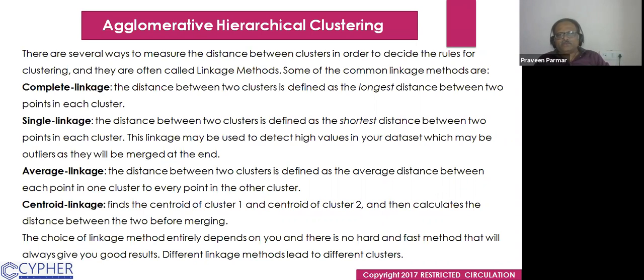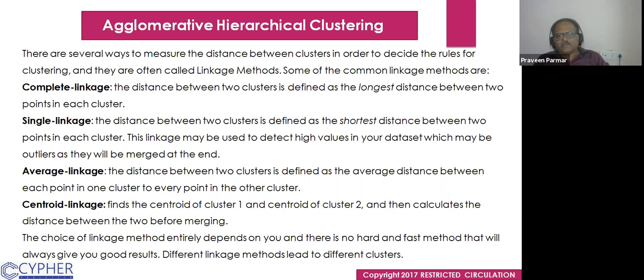This linkage may be used to detect high values in your dataset, which may be outliers as they will merge at the end. And the average linkage I have explained: the distance between two clusters is defined as the average distance between each point in one cluster to every point in the other cluster, as I wrote over there. The centroid linkage finds the centroid of cluster 1 and the centroid of cluster 2, and then calculates the distance between the two before merging.